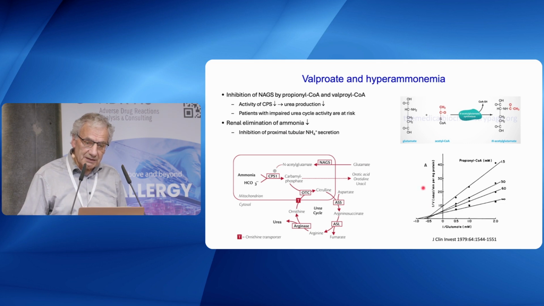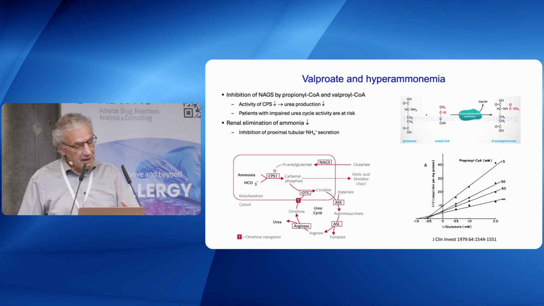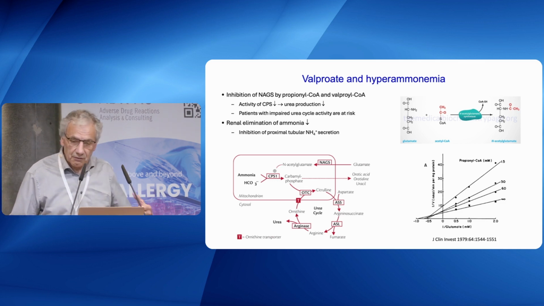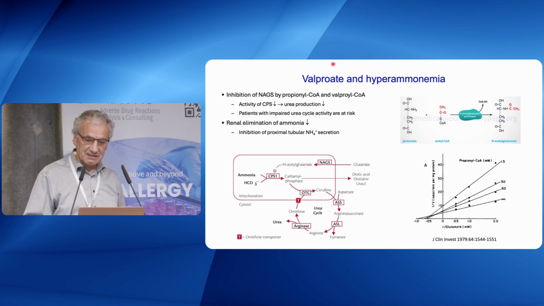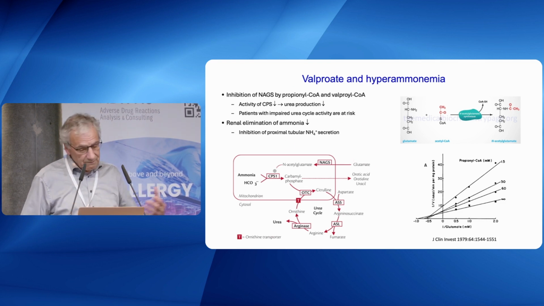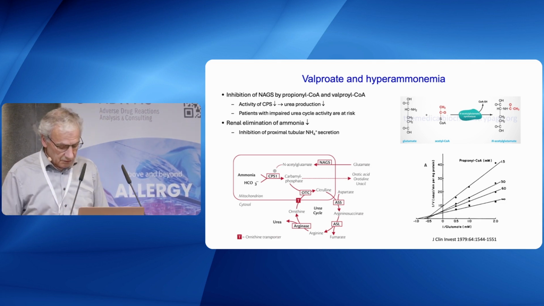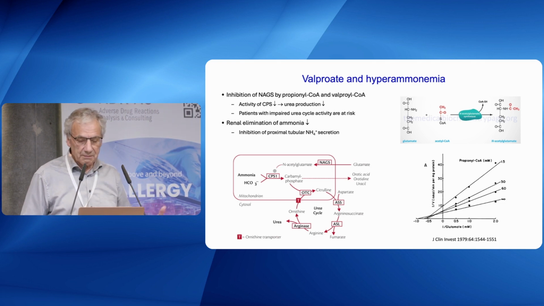And when valproate is degraded, it can also be degraded by beta oxidation, and then propionyl-CoA is formed, and it is formed enough that this enzyme can be inhibited. And when we increase the dose, it can inhibit the activity of the urea cycle, and then the patient can form hyperammonemia.